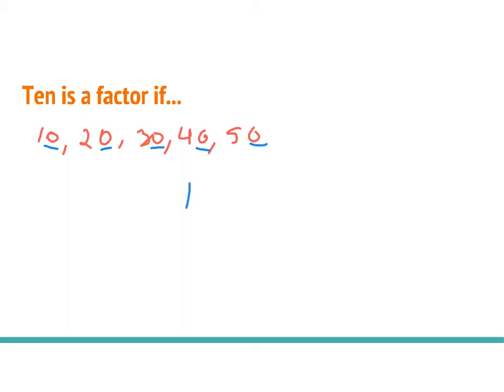So if I went, let's go 45,970. It's got a 0 in the ones place, folks. That's going to have 10 as a factor. It just is.